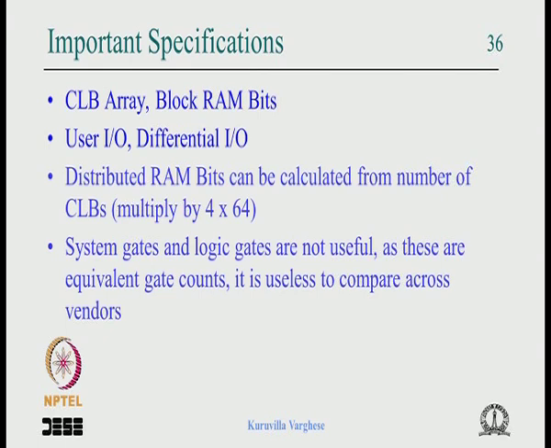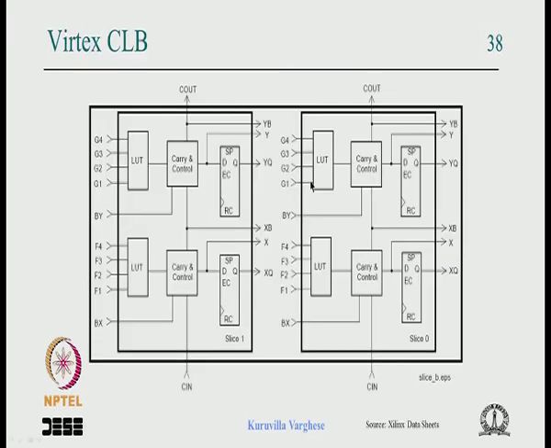In the current FPGAs, you can add the DSP blocks, the number of PLLs, and any other dedicated resource which is available. So let us look at the CLB itself. As I said, one CLB has 2 identical slices, and one slice has 2 parts. So we will concentrate essentially on this.